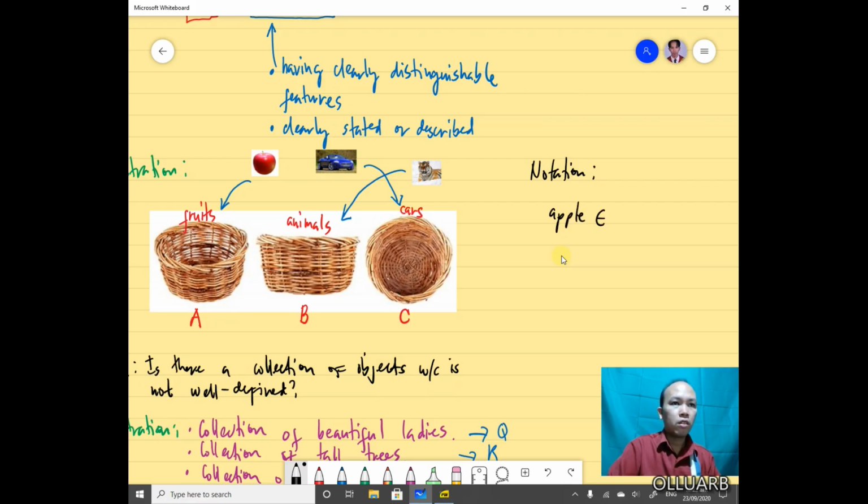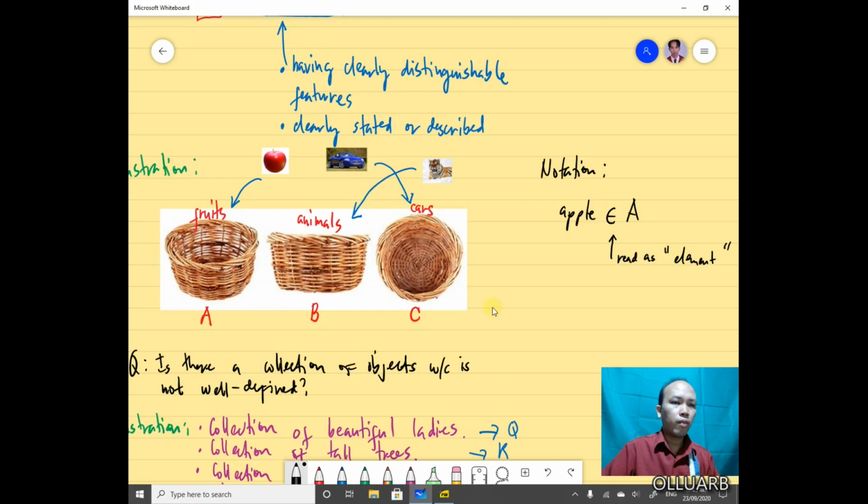This notation means, read as, element. Apple is an element of the set A. We will use the capital letters of the English alphabet, A B C D up to Z, and we exclude the letter U, as a notation or symbol for a set.